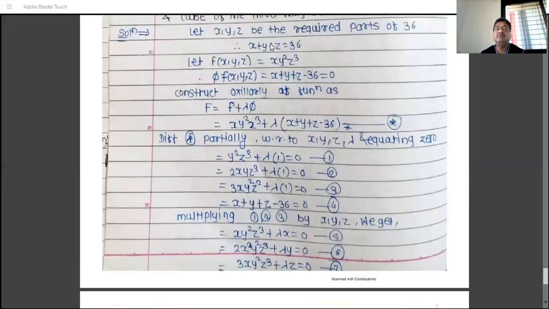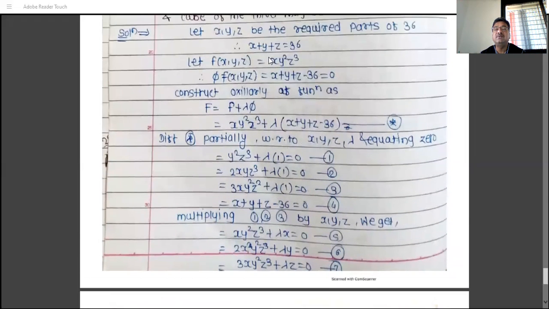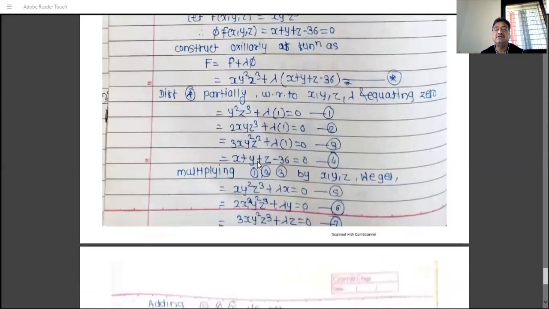The derivative with respect to x is y square z cube plus lambda into 1, since the derivative of this quantity is 1. Similarly, with respect to y is 2x y z cube, because the derivative of y square is 2y, with x and z cube as constant.